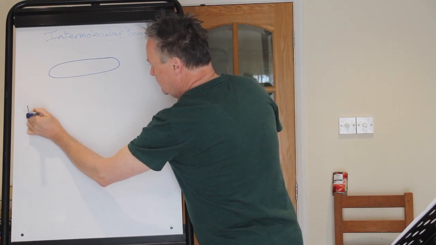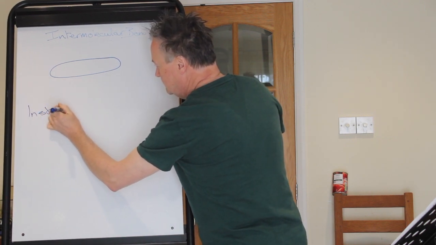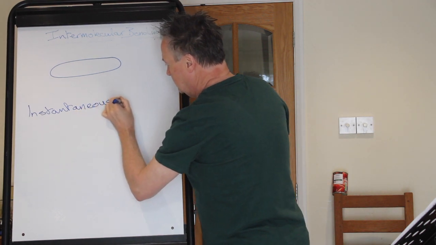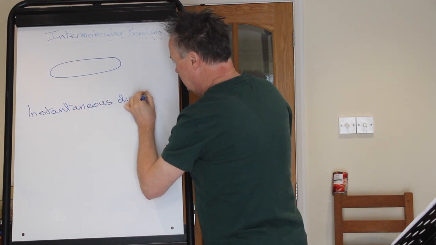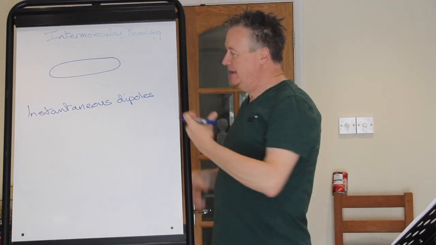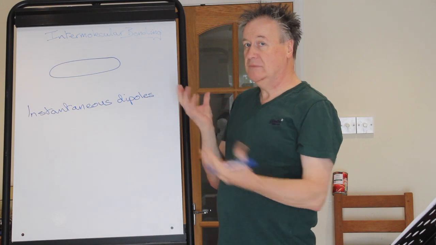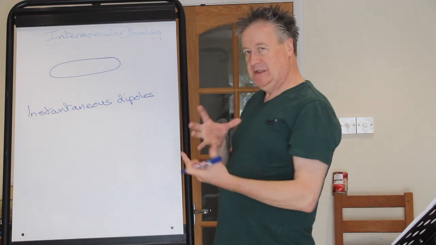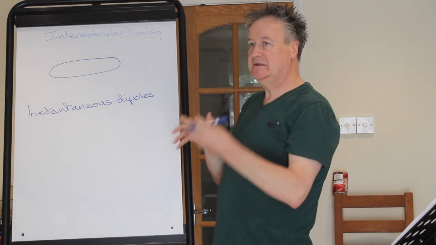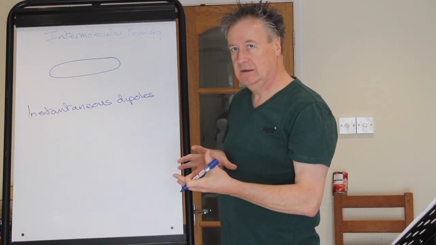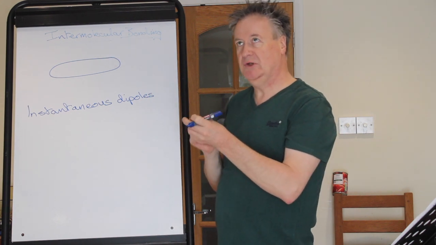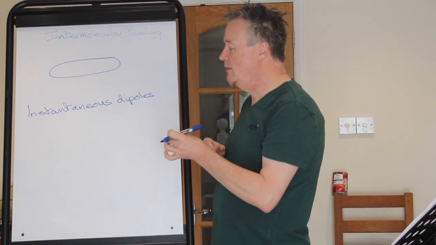And what that causes are things called instantaneous dipoles, meaning they are there one moment and then they're gone. Because of the fast moving electrons in the orbitals, those instantaneous dipoles are constantly fluctuating and therefore constantly present, but not exactly the same. It's not a permanent feature.